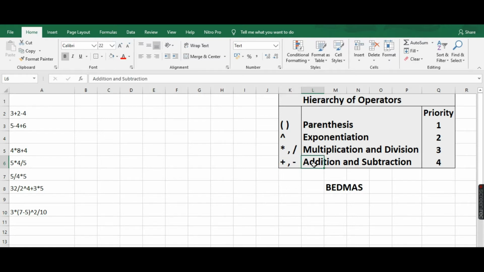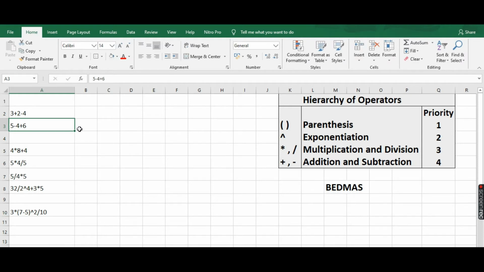So if addition comes at the left like this, the addition is evaluated first, then the subtraction operation. In the next expression, the subtraction operation is evaluated first, then the addition operation.